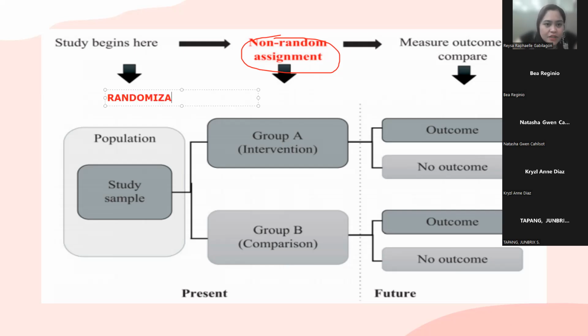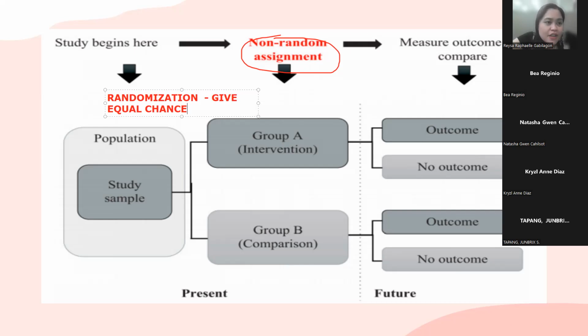Pag nag-randomization ka kasi, you are actually giving equal chance to all the member of the population to be selected in the study. Kasi pag sinabi mong ito lang yung gusto ko, yung gusto mo yun. Paano yung hindi mo gusto? Wala na silang chance to be selected or to be placed there in a certain group.